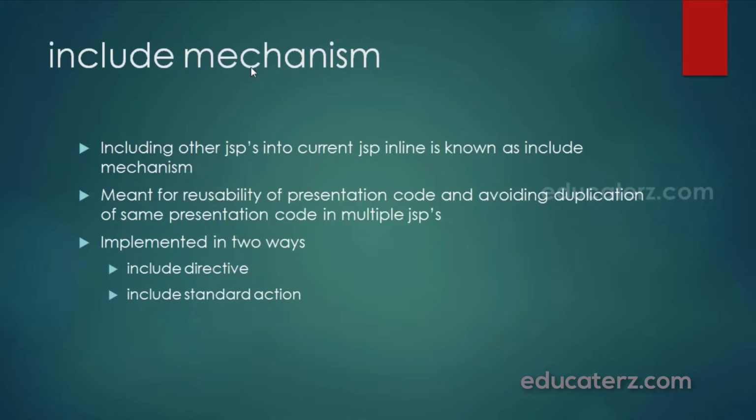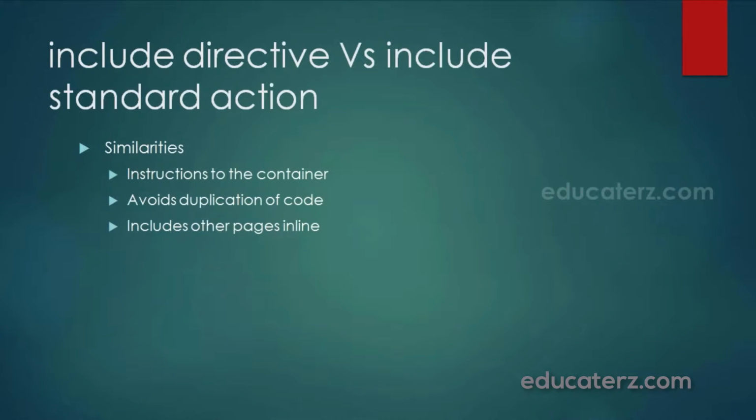So include mechanism is mainly implemented in two ways, using either include directive or include standard action. Before knowing the differences, let's know what are the similarities between both. Both are instructions to the container, both are used to avoid duplication of code, and both include the other pages inline.